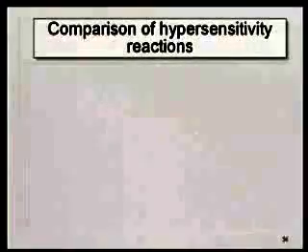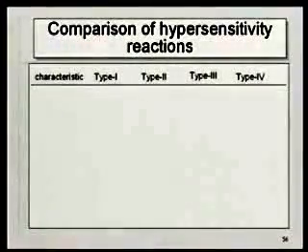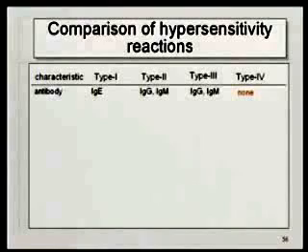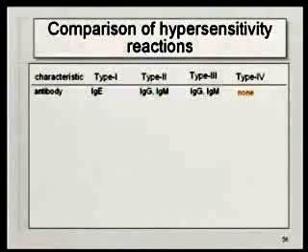If one compares different types of hypersensitivity, you've got a table that summarizes and compares them. Type 1, okay, IgE mediated. Type 2, IgG or IgM, cytotoxic. Type 3, immune complex, mostly IgG, sometimes IgM as well.